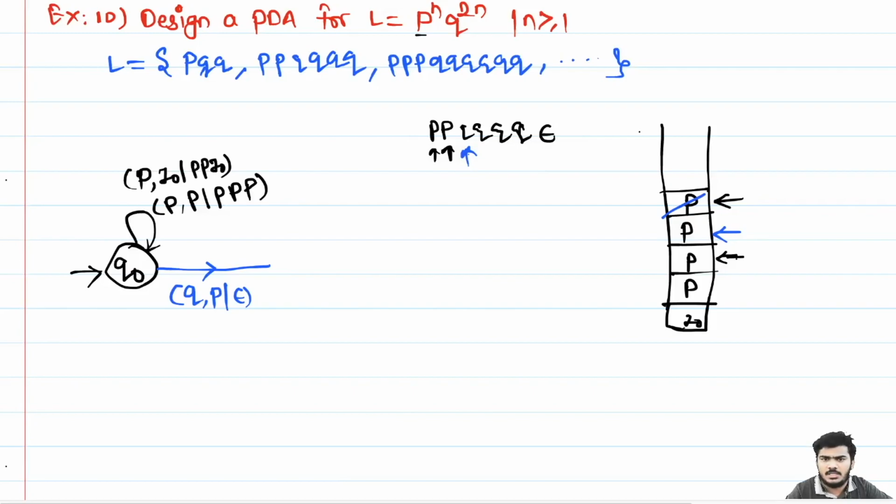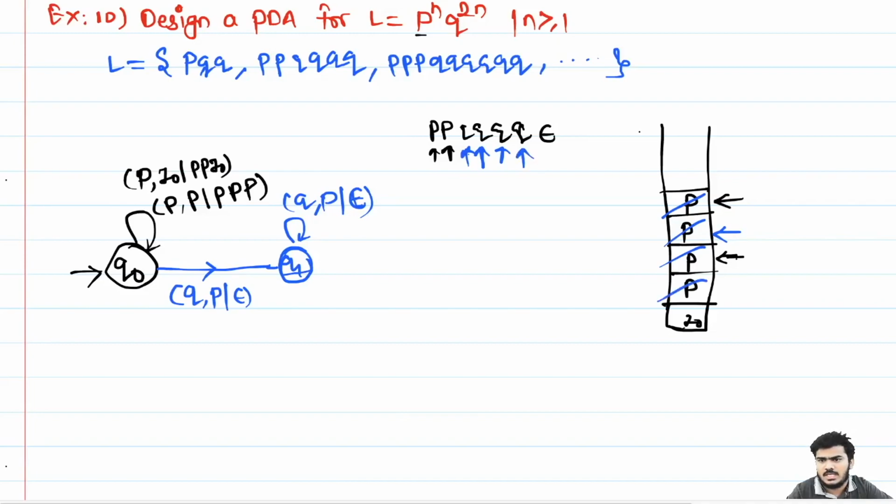Now I am in the q1 state, and in q1, when I see q as input and the top of the stack is p, I do the same step: q is the input, the top of the stack is p, so I pop it. For this q I popped this p, for this q this p, and for this q this p.